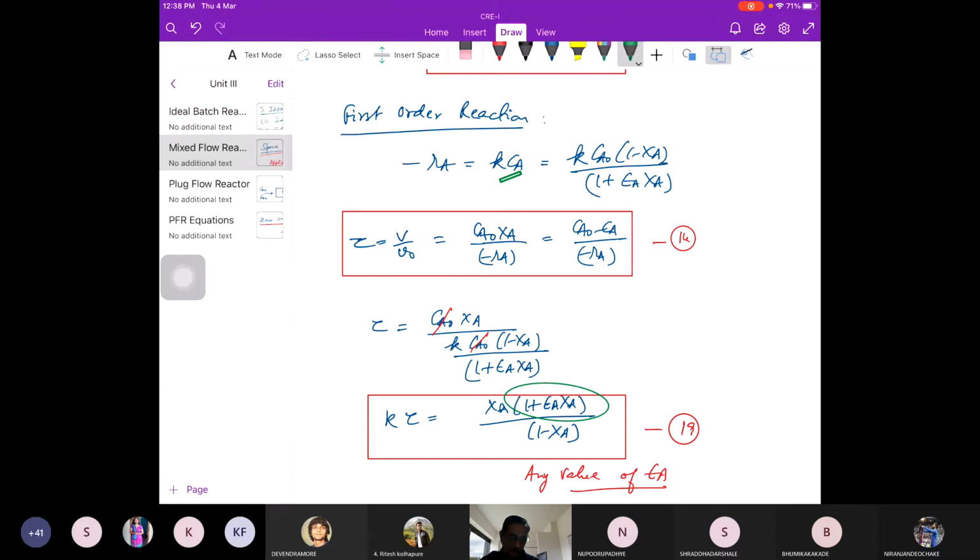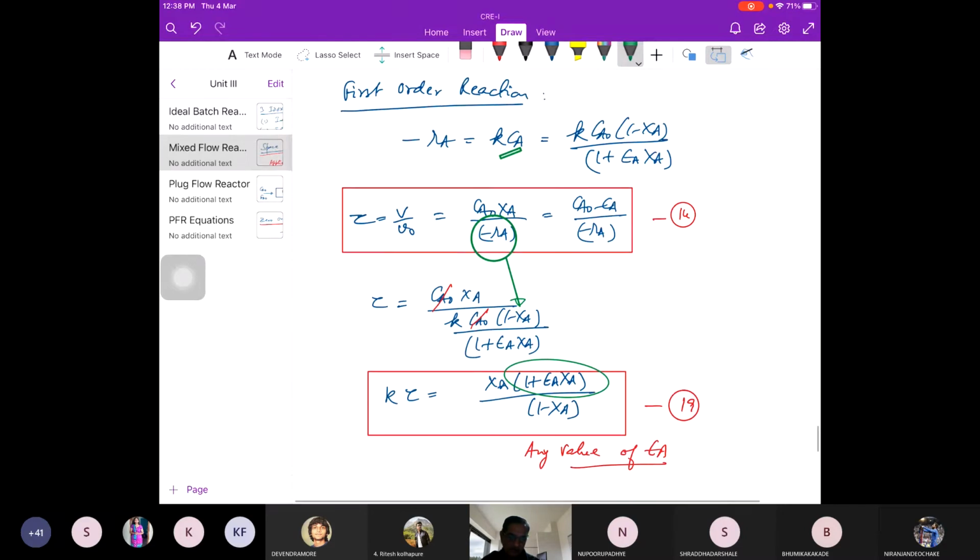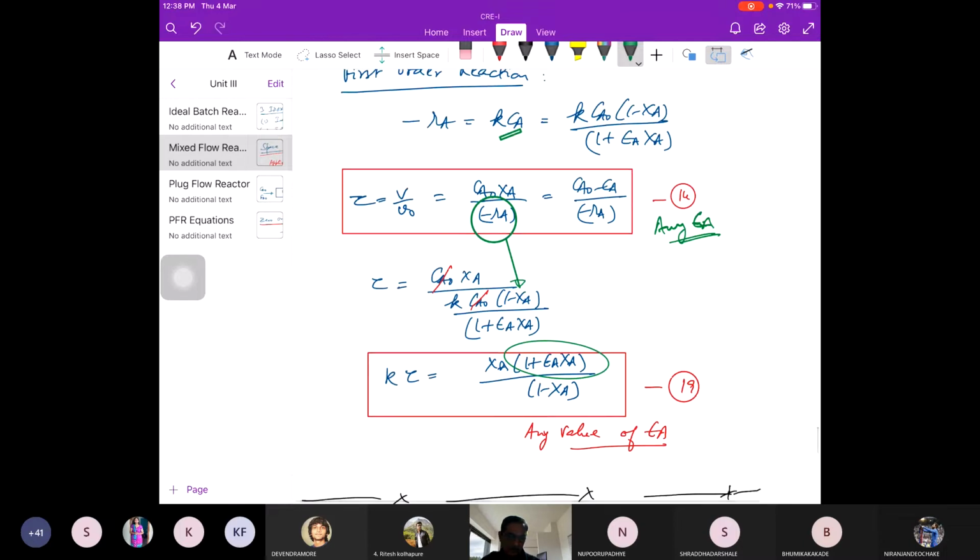CA नॉट XA है और ऊपर ये सिर्फ इसको सब्स्टिट्यूट किया हमने यहाँ पर माइनस आर ए इन टर्म्स ऑफ एप्सिलॉन A. Because this is general, any epsilon. So we are substituting CA in terms of CA naught 1 minus XA upon 1 plus epsilon XA. Substitute किया तो ये इक्वेशन मिल जाएगा.